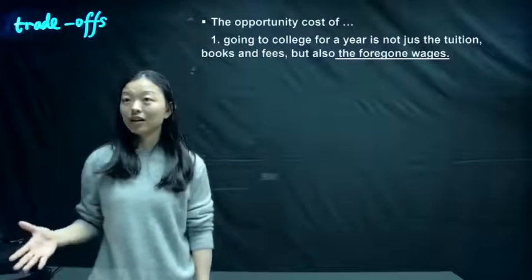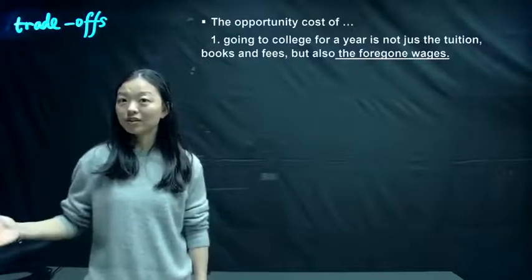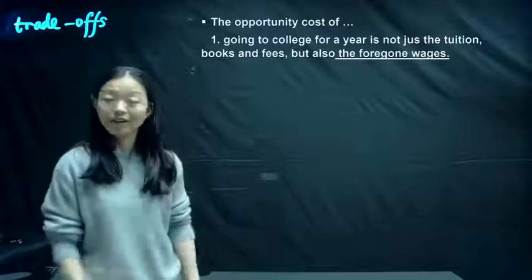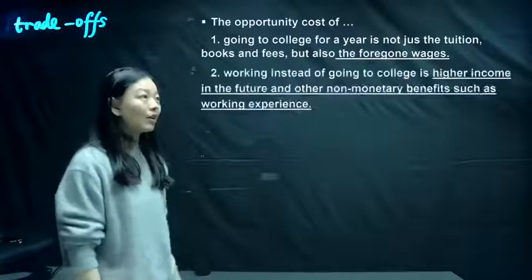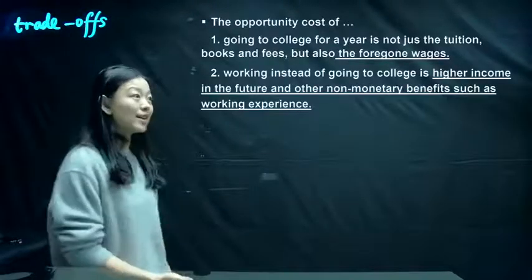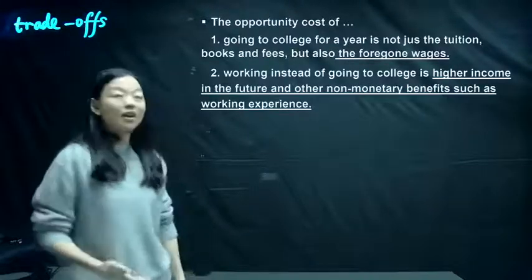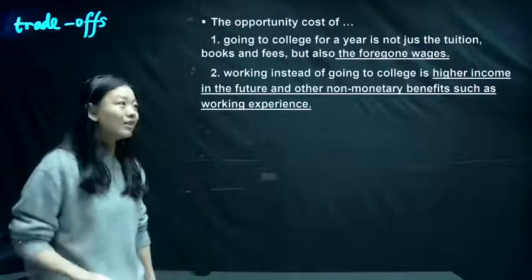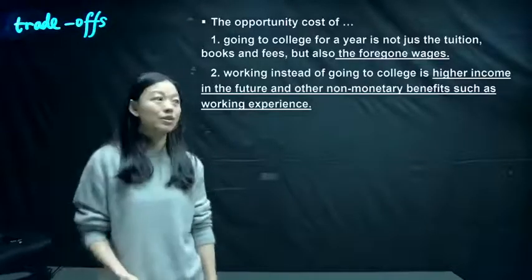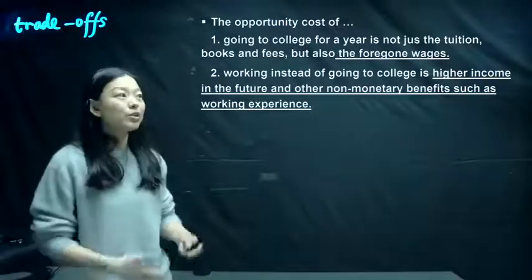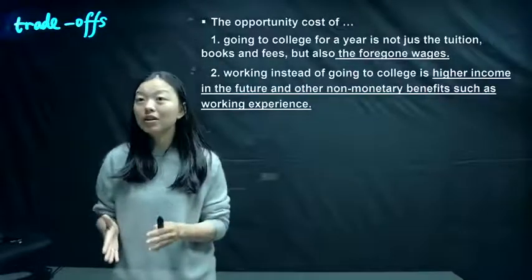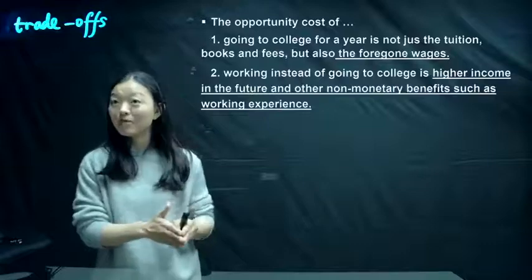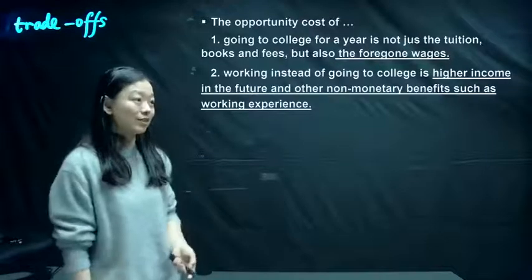If you choose to study in college, you give up the money that you could earn for that year. However, if you choose to work instead of going to college, then the opportunity cost might be the higher income in the future and other non-monetary benefits such as working experience. So you can see the opportunity cost of any item is what you need to give up to obtain the item. This is the definition.